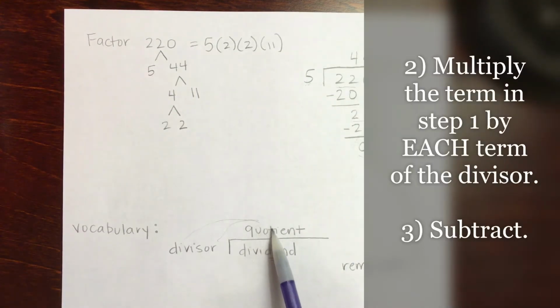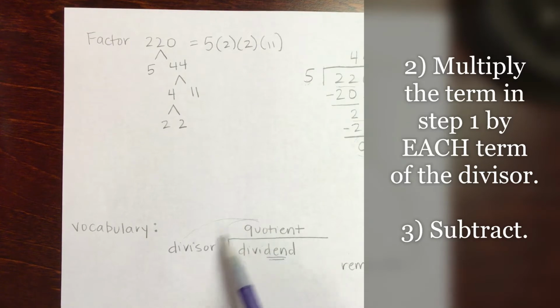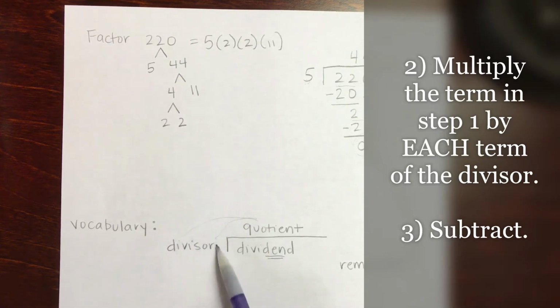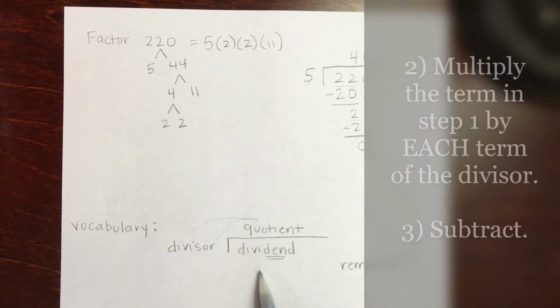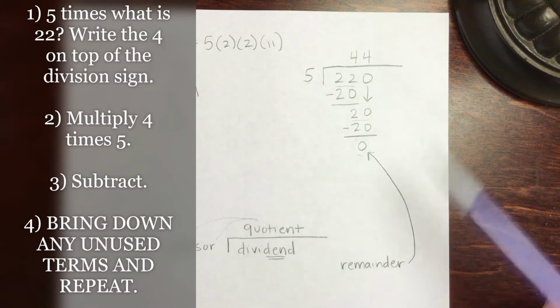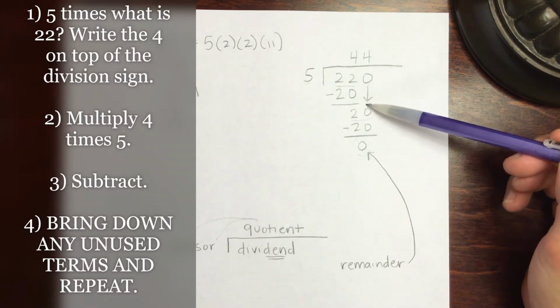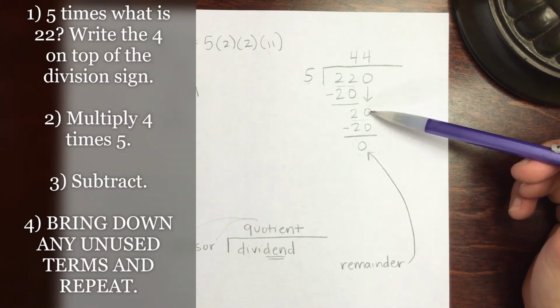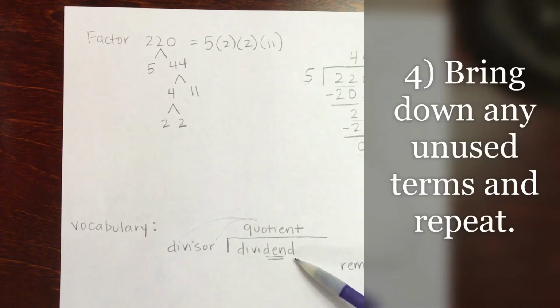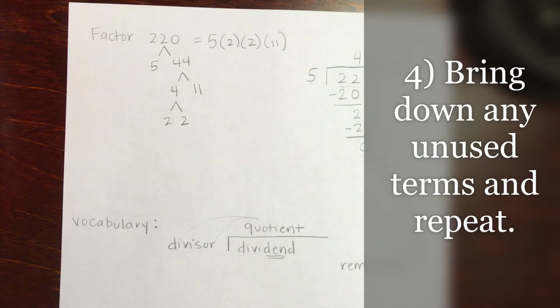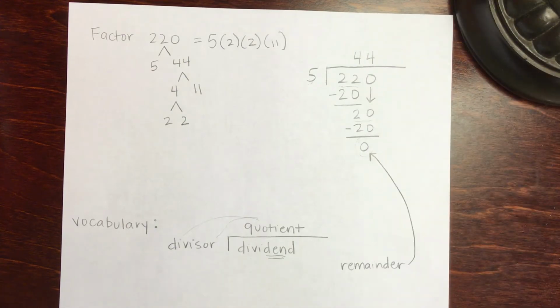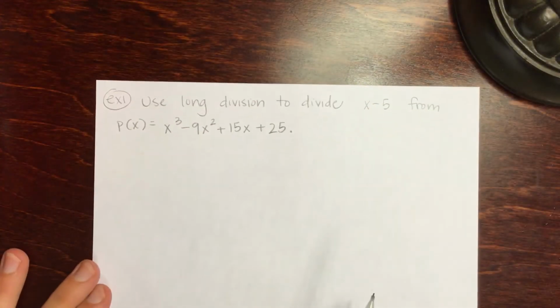So whatever answer we get, we'll put on top and distribute it times all pieces of my divisor. Put it down here and subtract. And then finally, once I subtracted, I brought down this unused 0 so I could actually use it in the next step. So same thing down here, you'll bring down any unused number so that you can use it in the next step. All right, let's actually do that now so you can see this in action.